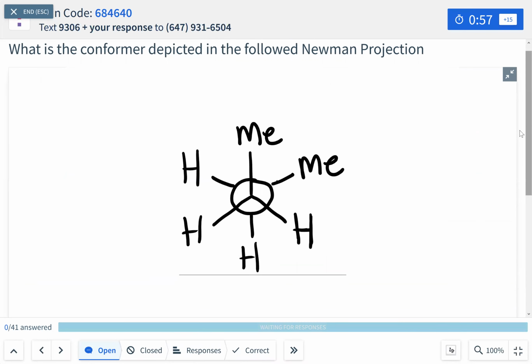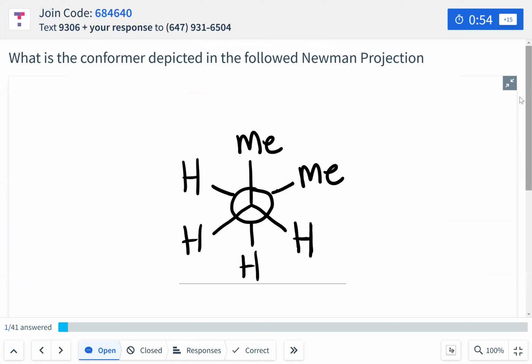Now, there's another staggered conformation which has a special name.